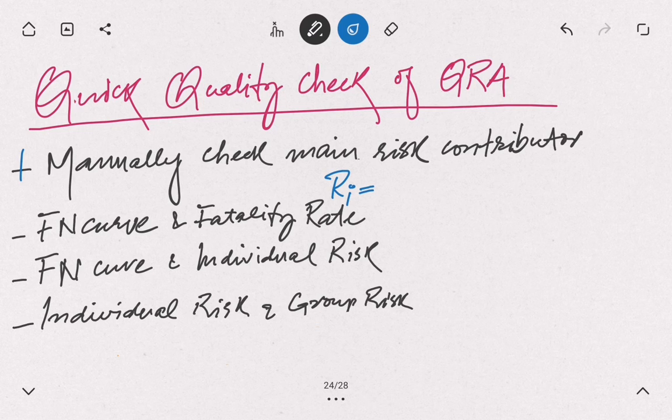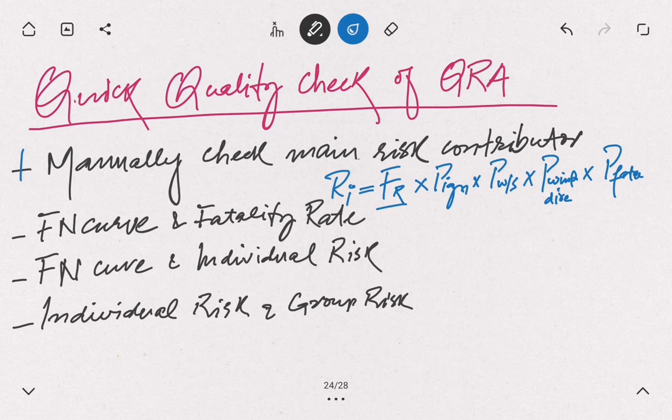You can multiply the frequency of the release, which you can take from the part count or get from the assumption sheets of that study, by the probability of ignition, by the probability of the weather stability class, by the probability of wind direction, and by the probability of fatality that we calculate from the probit analysis.